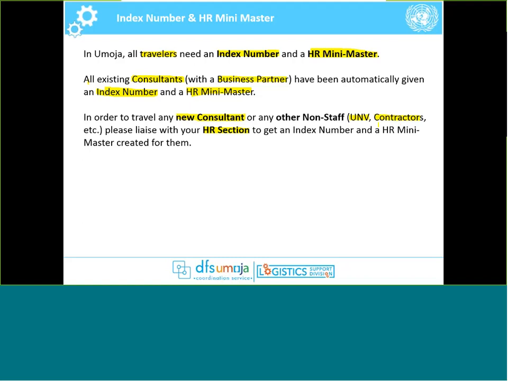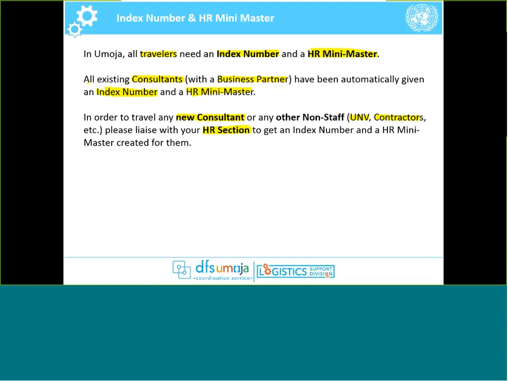And for that, your best point of contact is always your HR partner, because the HR partners are the ones that can create index numbers and the HR minimaster to allow you to travel that person. Okay, Paulo?